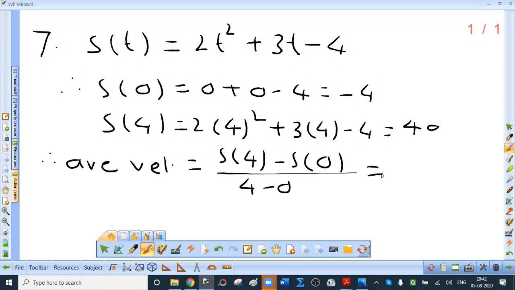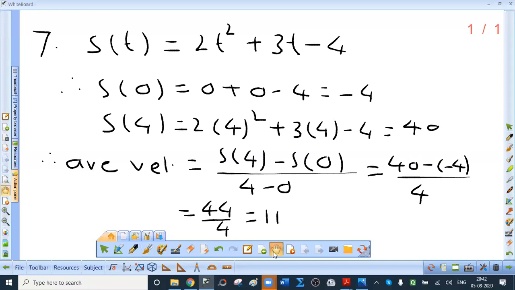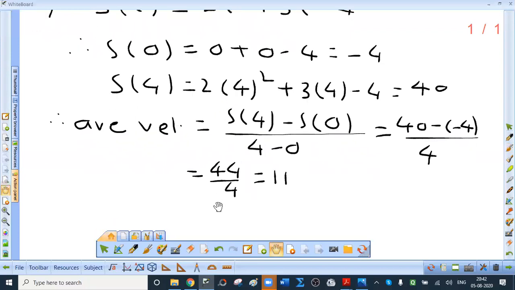So it is nothing but 40 minus 4 upon 4, that is 44 by 4. So this is nothing but 11 units. This is what? Average velocity.